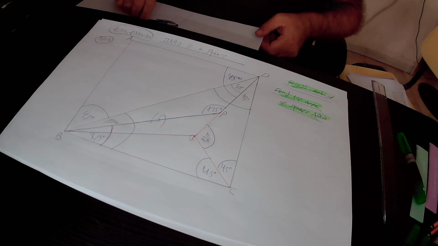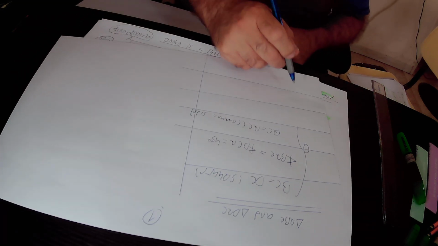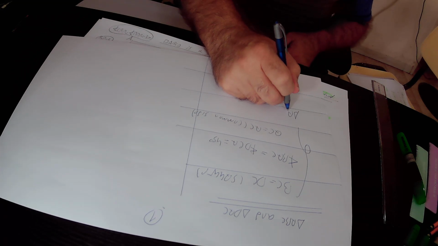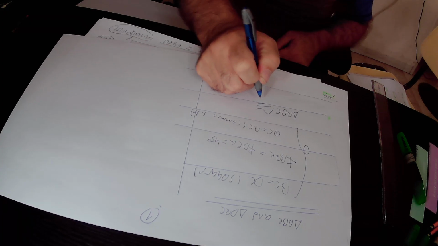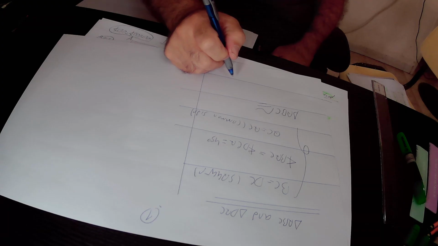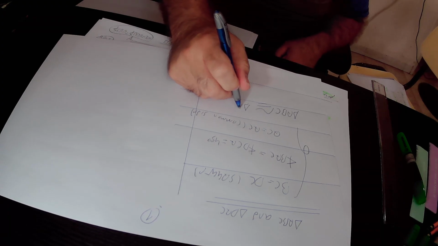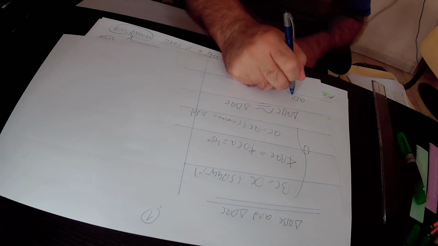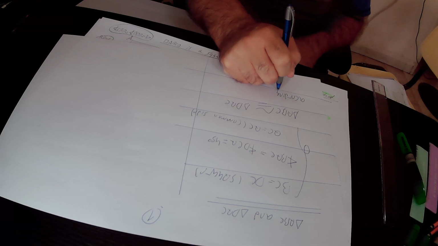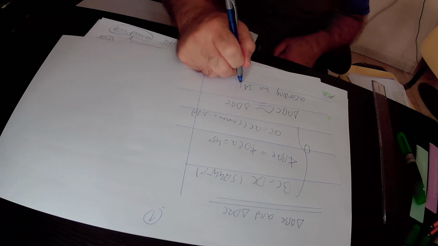So right now we can write that triangle QBC is congruent to triangle DQC according to the side angle side rule.